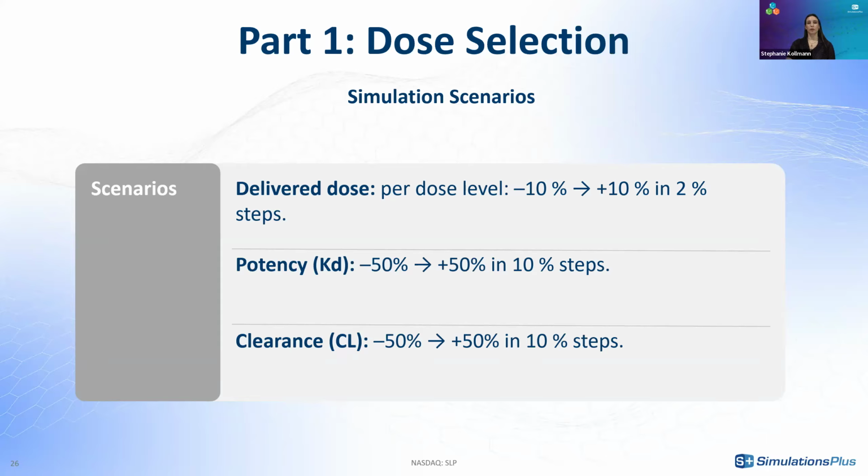For each, we introduced controlled changes ranging from -50% to +50% in 10% steps. And this setup allowed us to isolate the effect of each source of variability and determine which dose level shows the highest sensitivity to detect product-related differences.